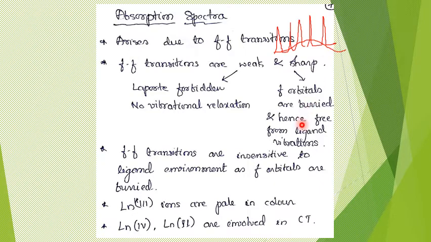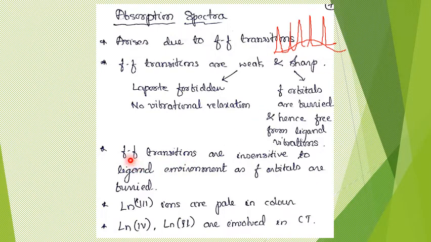That's how these f orbitals are free from ligand vibrations, and you can expect the transitions to be more sharp. The number of transitions is more because here you can have so many microstates, and because of so many microstates, so many states will also be possible. So because of that, the number of transitions will be more.